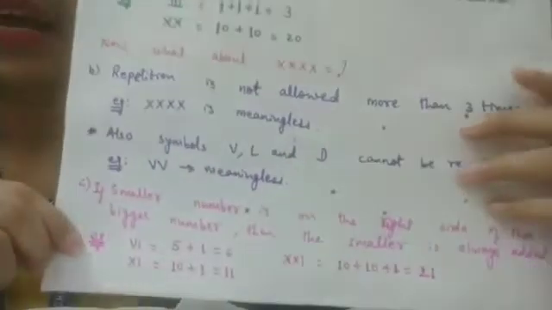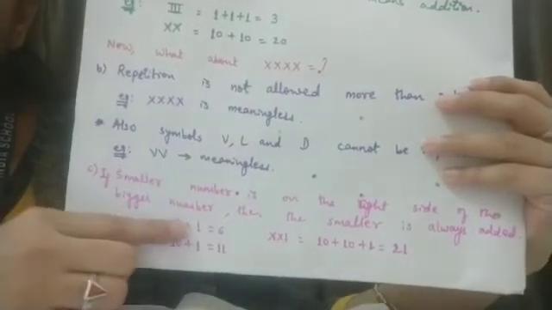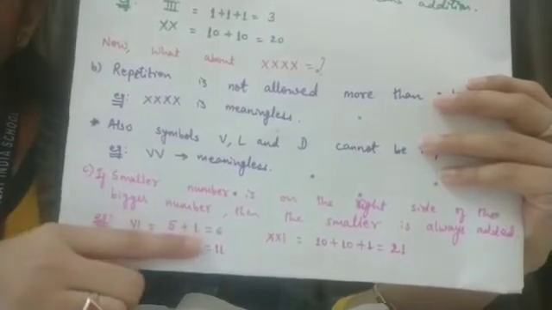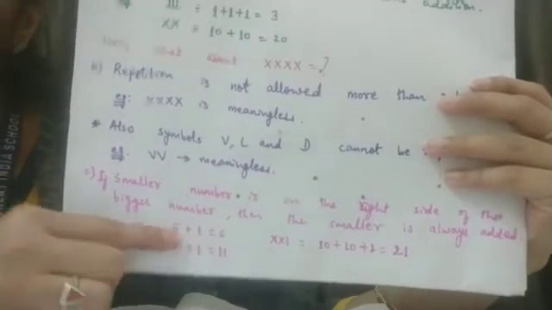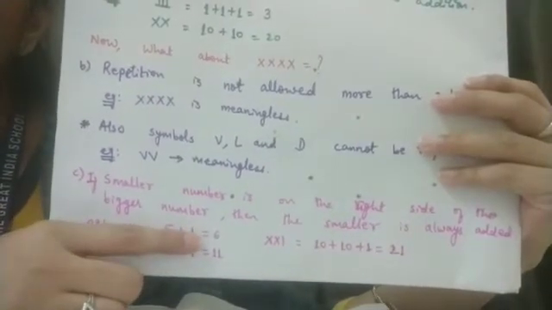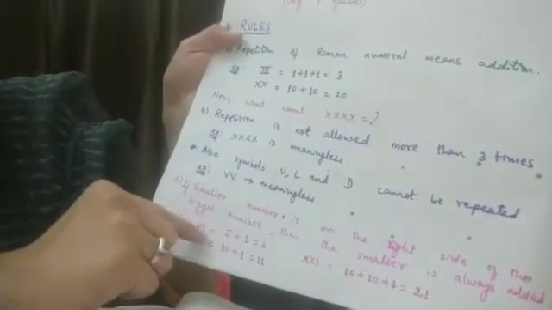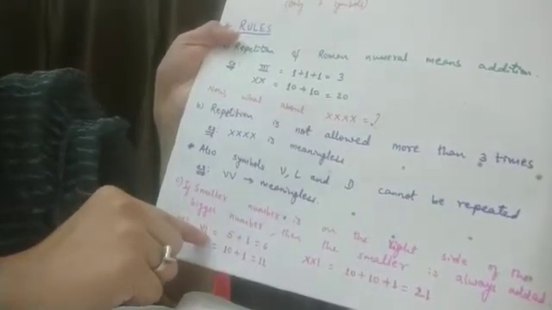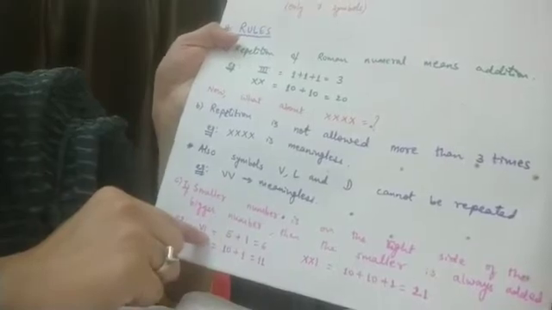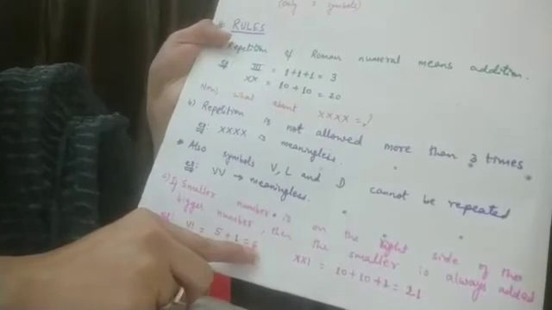For example, if we write VI, V means 5 and I means 1. Understood? Here we are adding, because the smaller number I is written on the right side of V. So these numbers are added and we get 6.